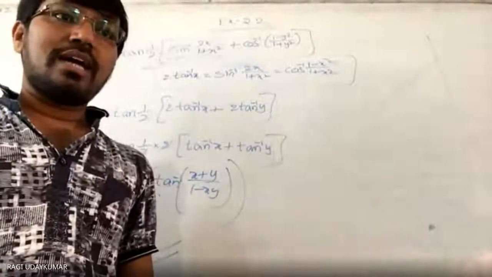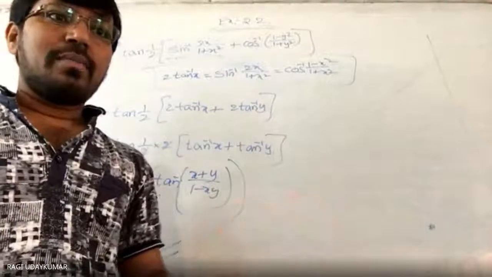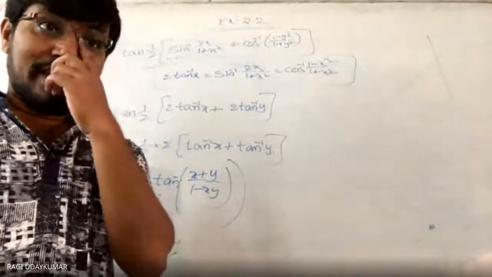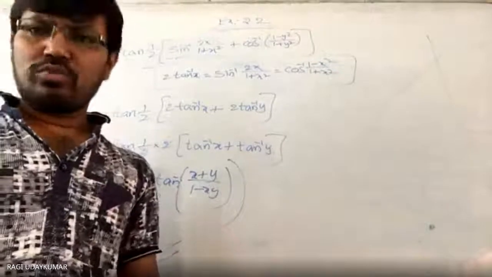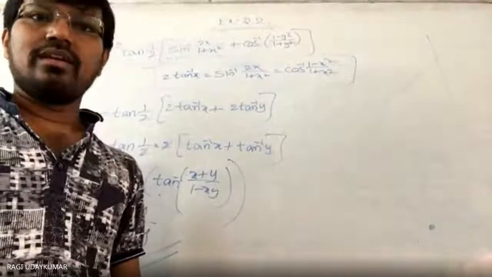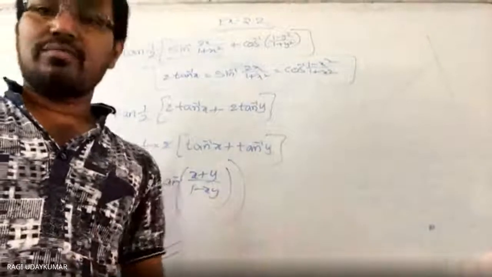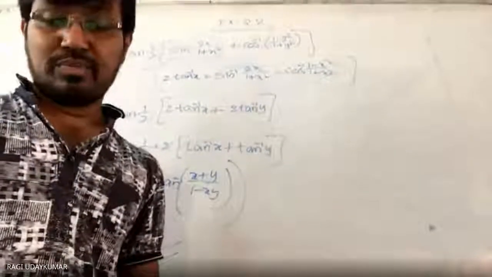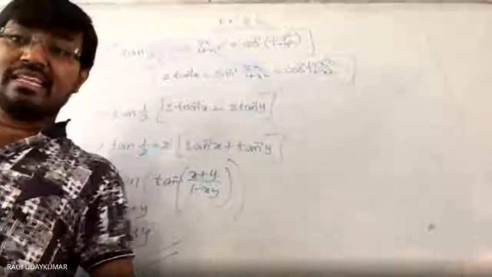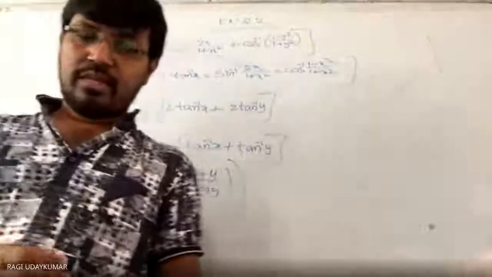The last 2-3 problems are multiple choice questions, which are very simple. By tomorrow we will complete this and the second exercise, and we will discuss the miscellaneous compulsory problems because the inverse trigonometric miscellaneous are very, very important.